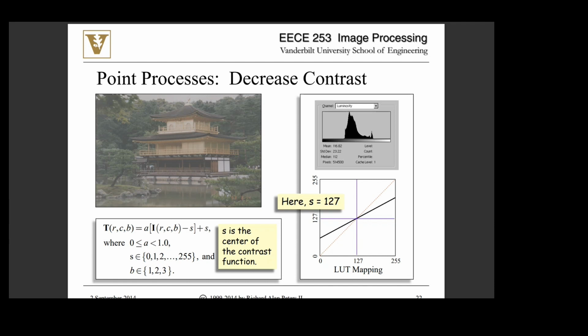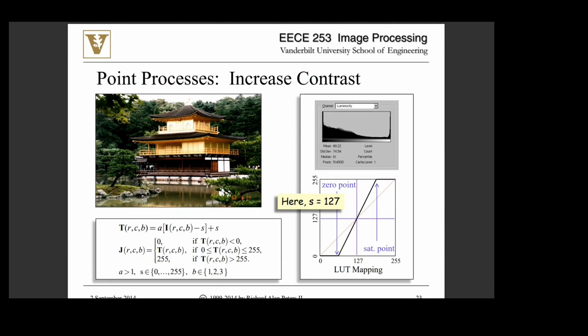We can decrease the contrast with a slope that is smaller than 1, but we can also increase the contrast. This is the same transformation, but now A will be larger than 1. So instead of a very small slope, we have a much larger slope. We have to be careful with the saturation.